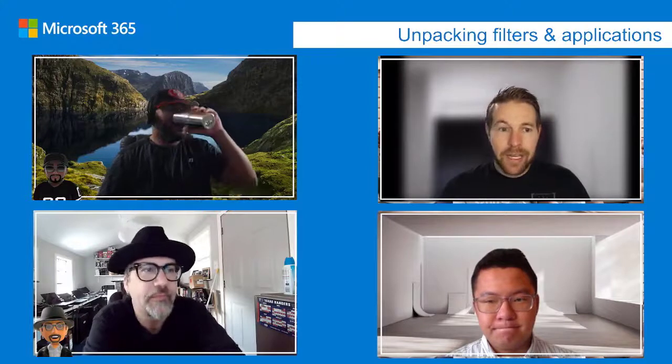So filters, right? I work as a PM on grouping and targeting in MEM. Part of that is grabbing AAD groups and targeting to them. But filters is the next layer on top of that. Groups are great. You've got this bucket of users or devices to target. But filters lets you be really granular with that targeting.